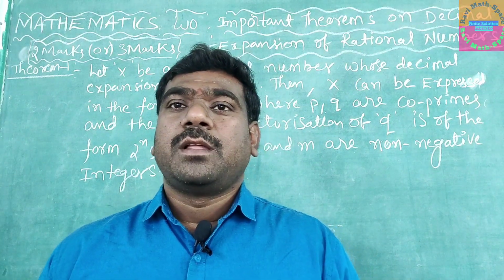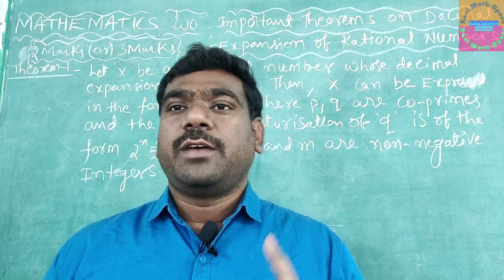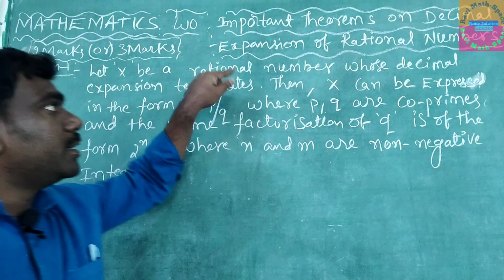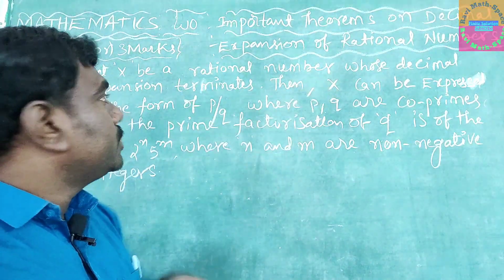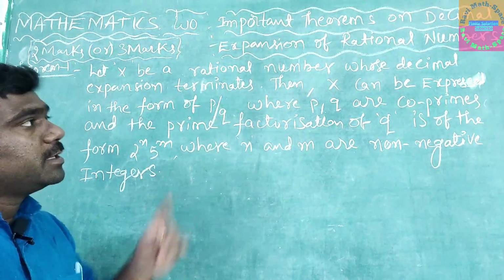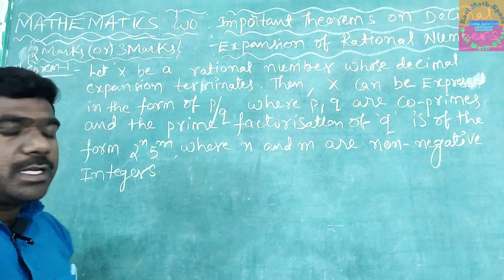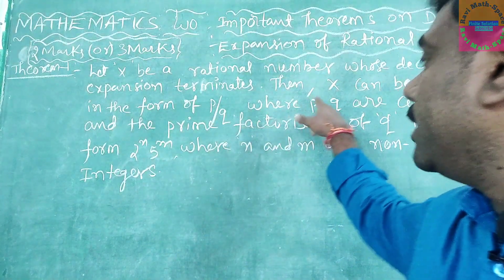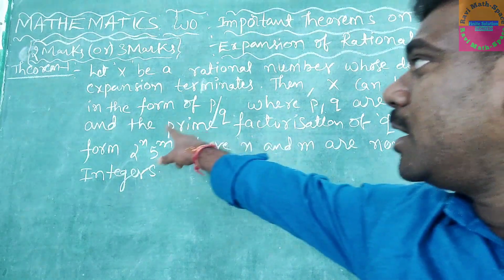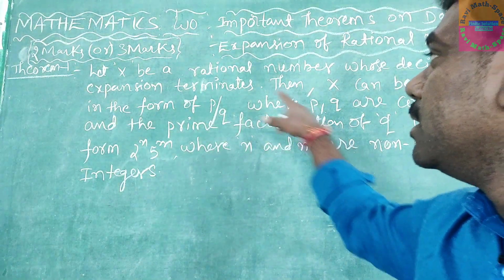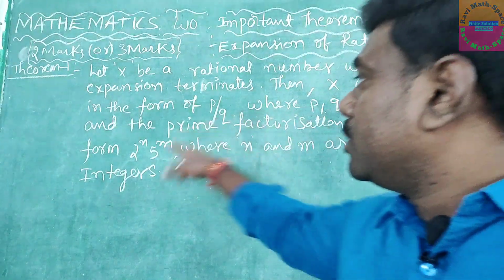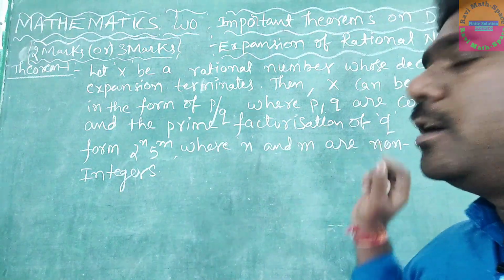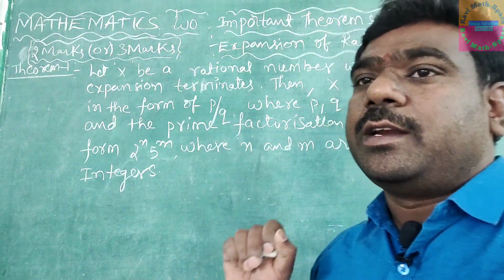Out of the three theorems, one of them is: let x be a rational number whose decimal expansion terminates, then x can be expressed in the form of p by q, where p and q are coprimes and the prime factorization of q is of the form 2 power n into 5 power m, where n and m are non-negative integers.